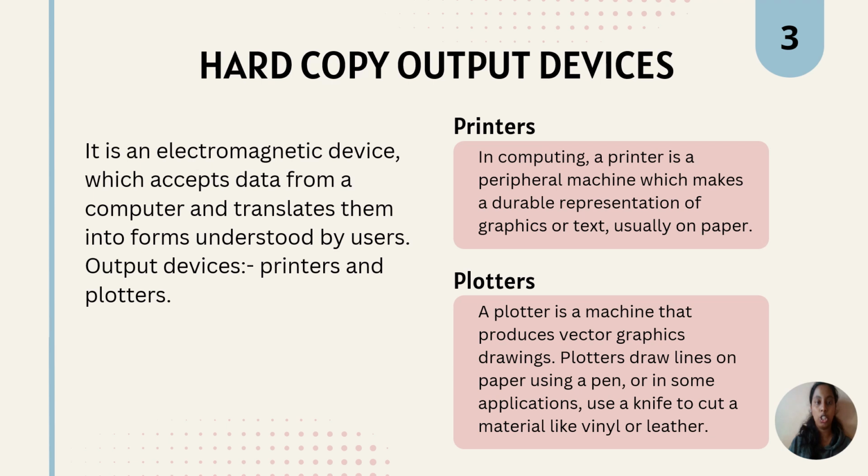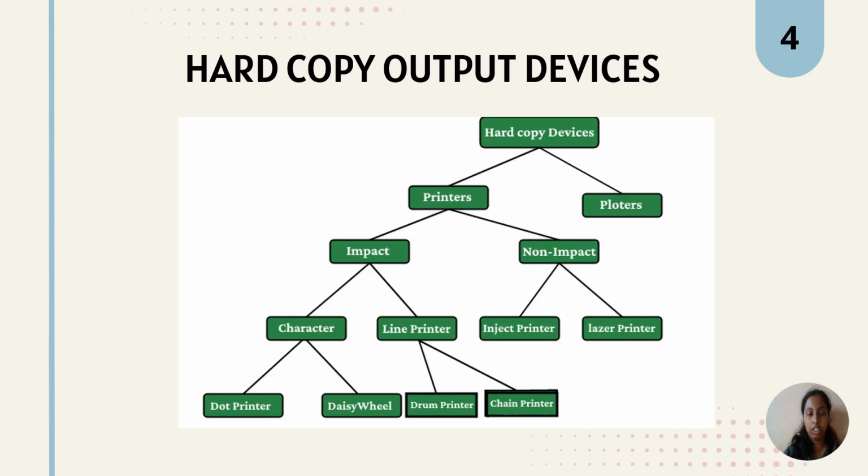Plotters. A plotter is a machine that produces vector graphics drawings. A plotter draws lines on paper using a pen or, in some applications, uses a knife to cut material like vinyl or leather. Here is a pictorial representation of the hard copy output devices.